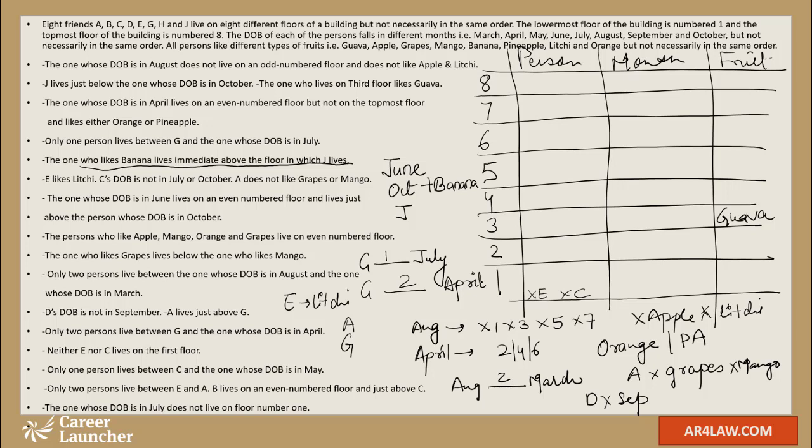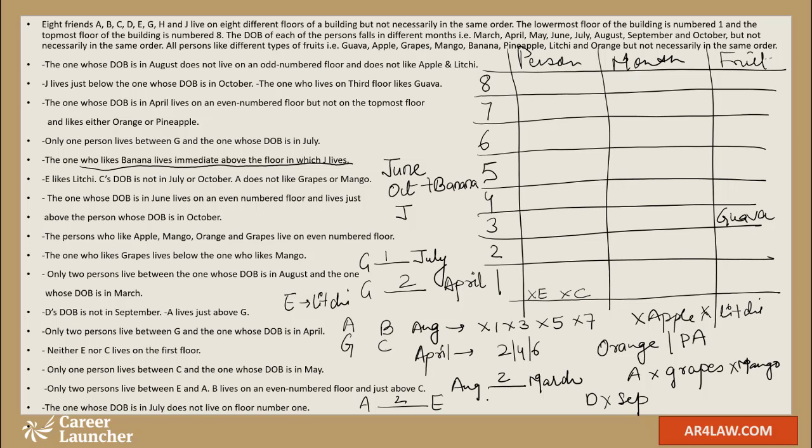Only one person lives between C and the one whose date of birth is in May. And only two persons live between E and A. So we also have this. And B lives on an even numbered floor just above C. They're on two consecutive floors.